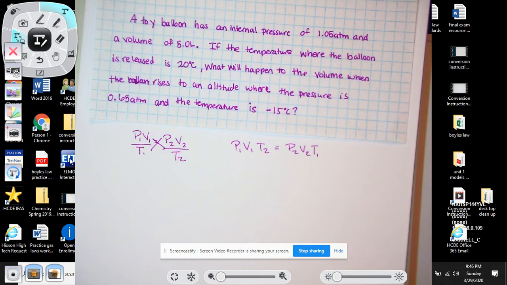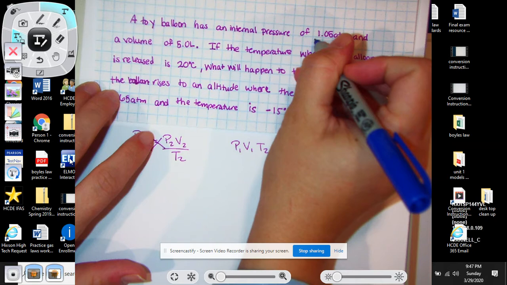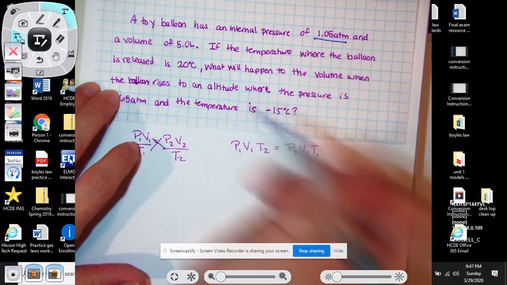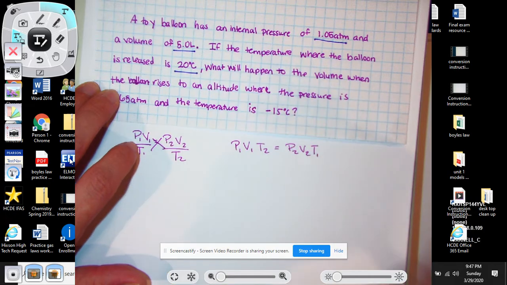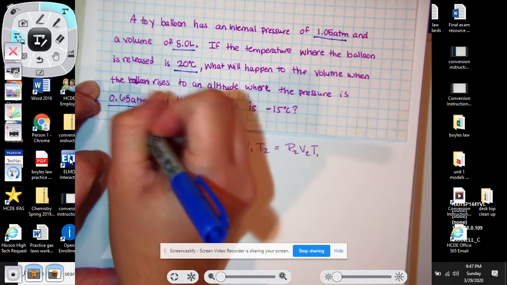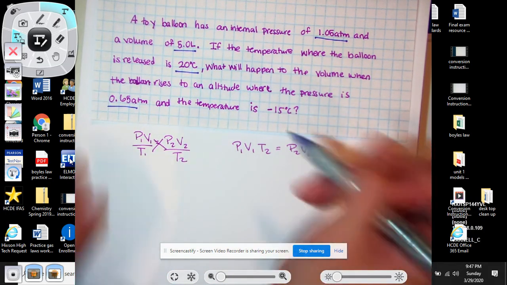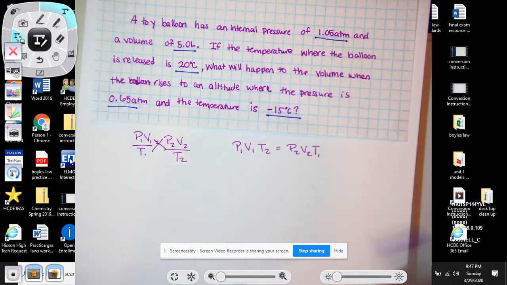Then I'm just going to go through and I'm going to underline numbers that are in my problem. So in my problem, I have 1.05 atmospheres. I've got 5.0 liters. I've got 20 degrees Celsius, a 0.65 atmospheres, and a negative 15 degrees Celsius.